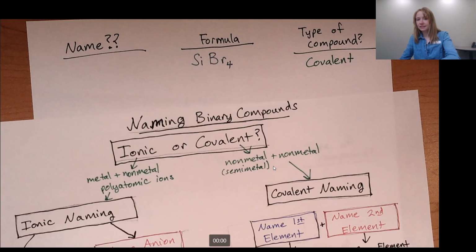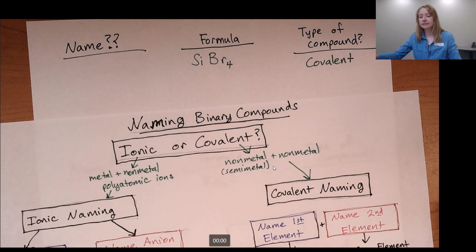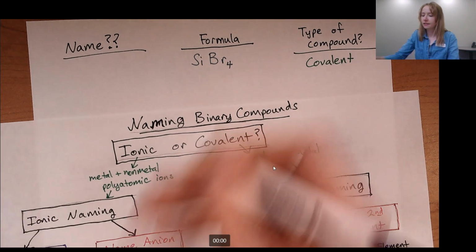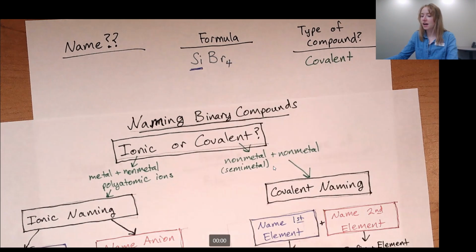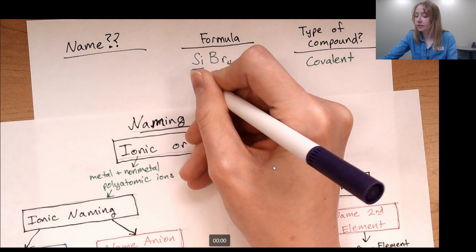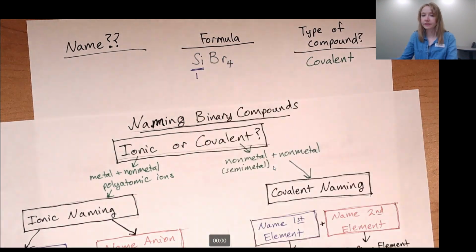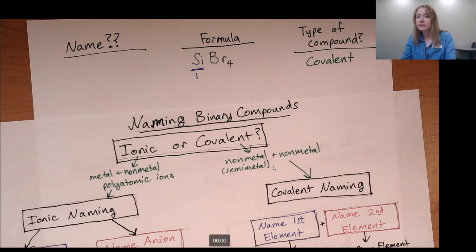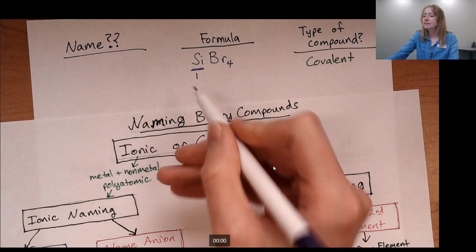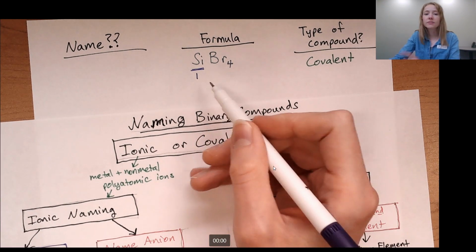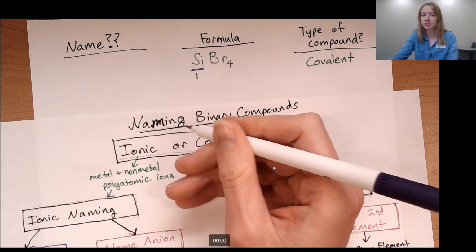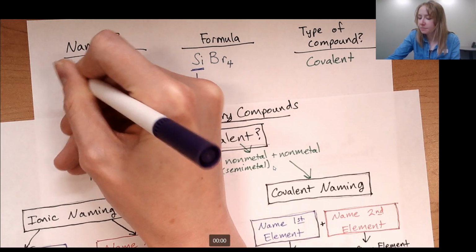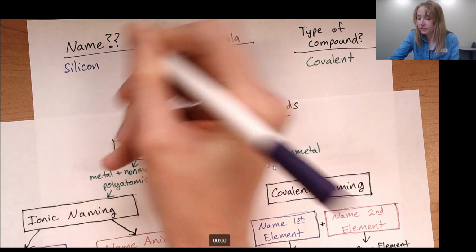So if we apply that here, our first element is silicon, and there's 1 silicon. So the prefix for 1 is mono, but because this is the first element in the compound, if there's only 1, this gets omitted. So I don't need to write mono, I'm just going to write silicon, and that's the name of the first element.